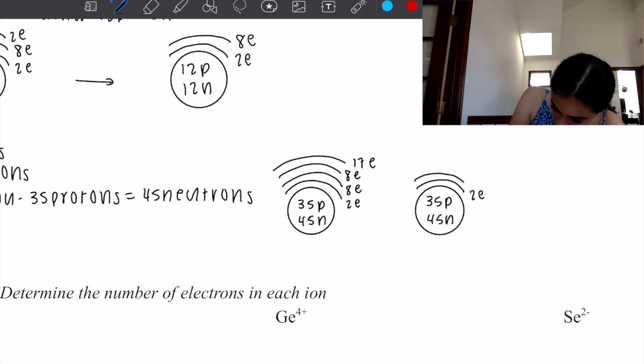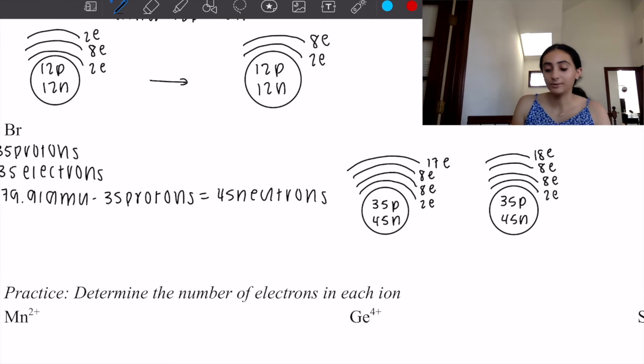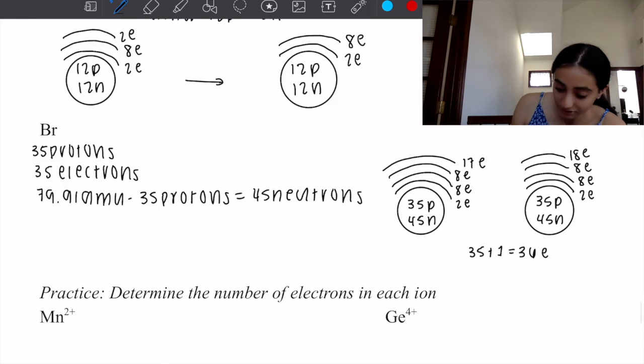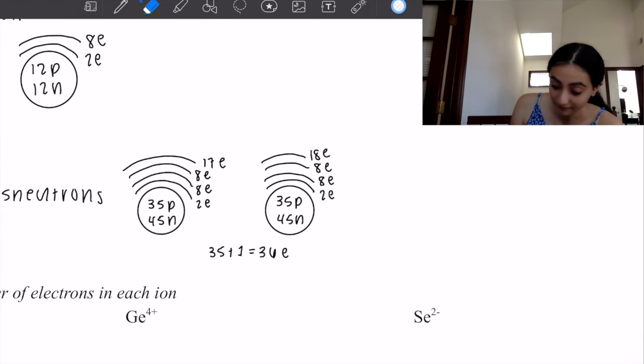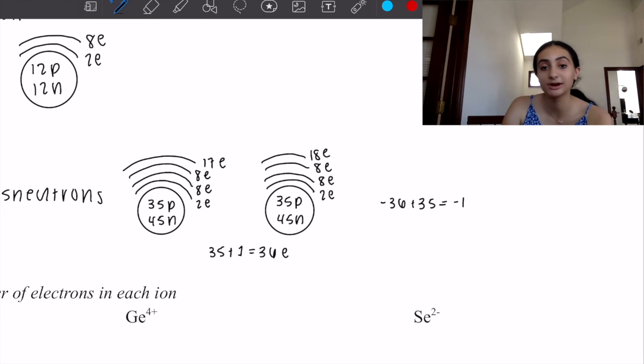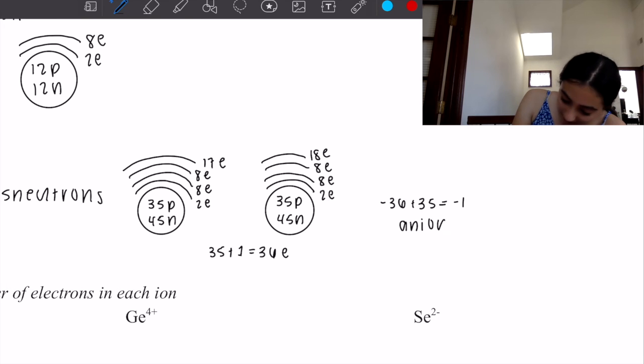So there will be 2 here, 8 here, 8 here, and 18 here. Now, we added 1 electron. 35 plus 1 equals 36 electrons. And we have 35 protons, so if we do negative 36 plus 35, we have minus 1. So bromine has a minus 1 charge, and it's an anion.